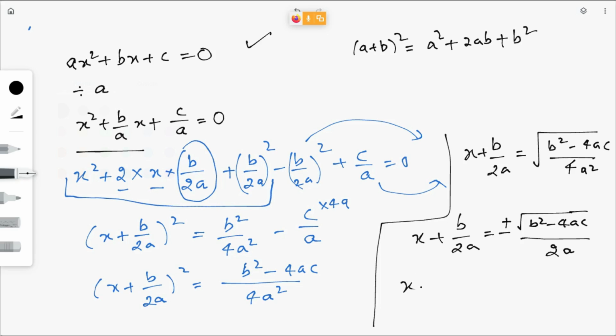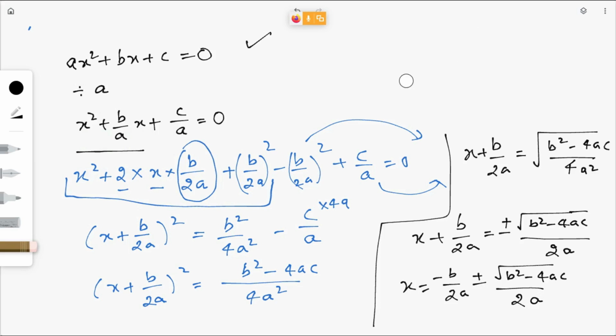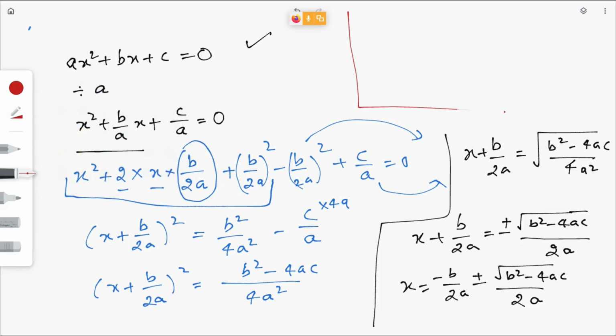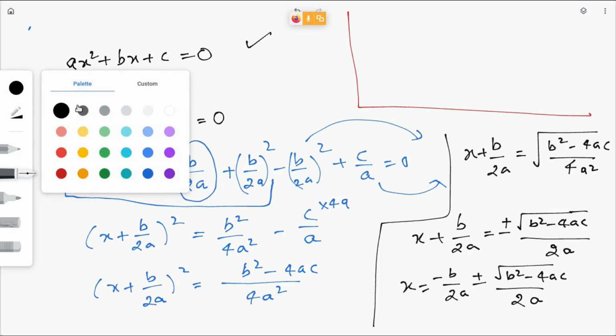Now x is equal to, take this b by 2a on this side, minus b by 2a plus or minus root of b square minus 4ac divided by 2a. Any doubts? Let me continue here.